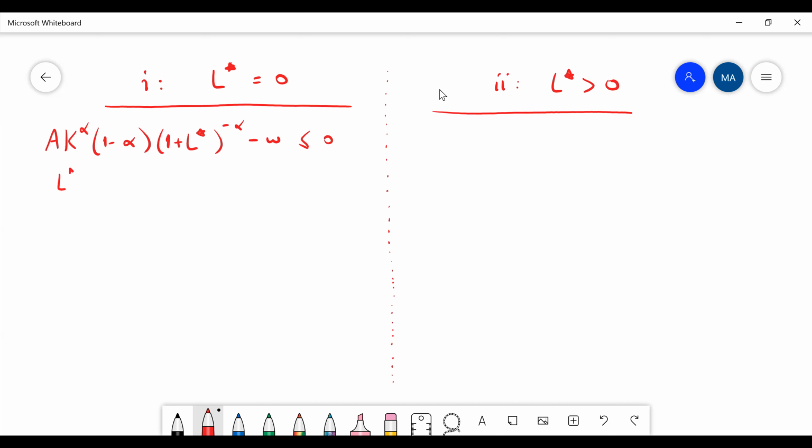If L star is equal to 0, this condition reduces to this one: A K^alpha (1 minus alpha) less than W, right?